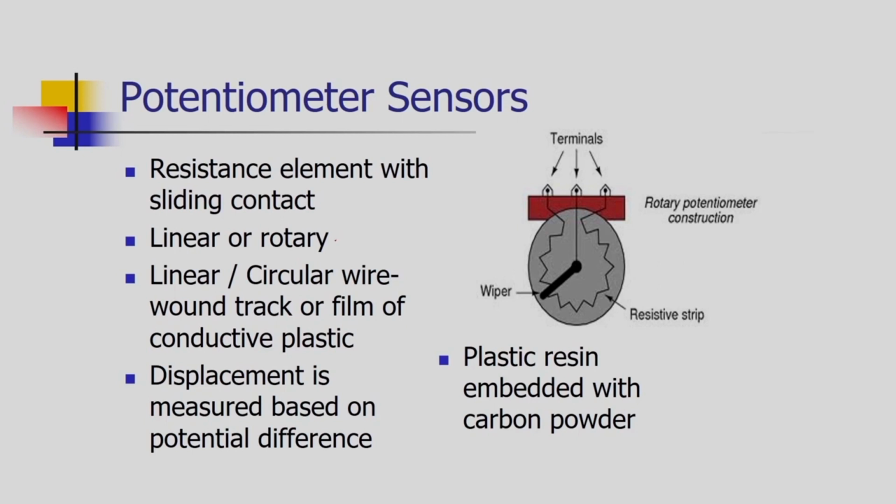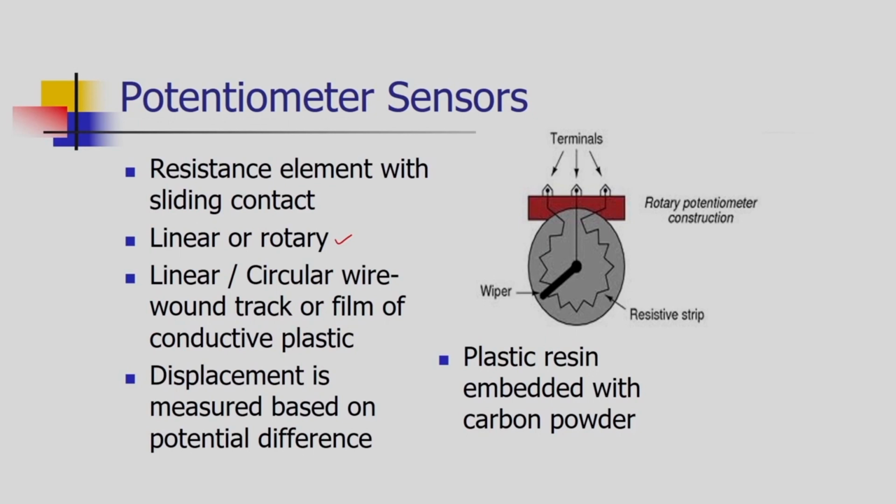These are available in linear or rotary format. As the length of the sliding contact changes, the resistance of the system changes, and that resistance is producing further voltage output. So, the length of the sliding contact is affecting the resistance of the system, and it is affecting the potential difference across the connections.